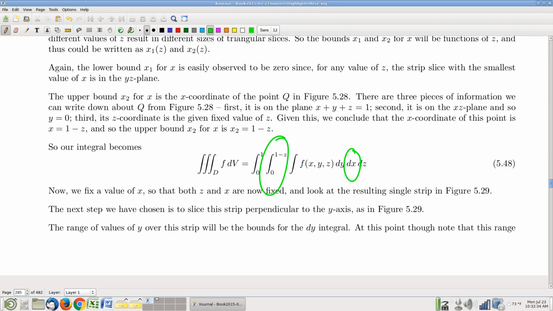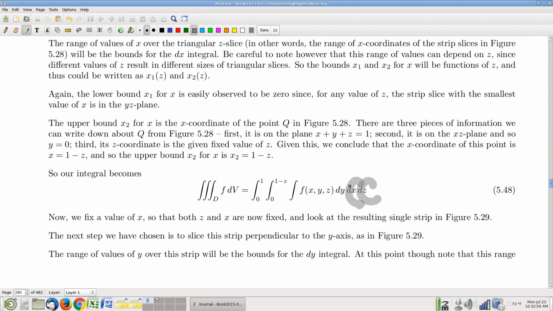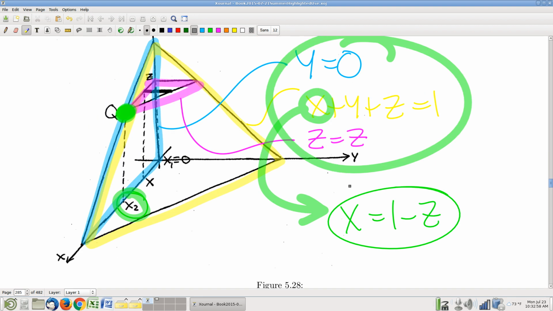So now we're going to fix a value of x. We've already agreed that we fixed a value of z. We're looking at a particular z slice. Then we sliced up that z slice with different values of x. Now we're going to fix a value of x, so we're going to look at an x slice of our z slice. We've already talked about what those look like.